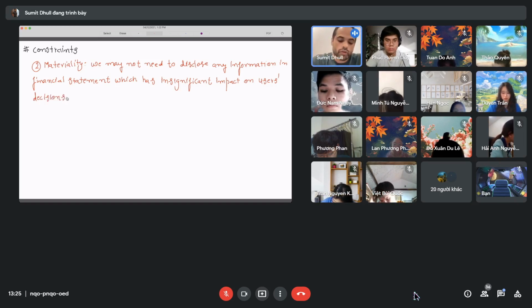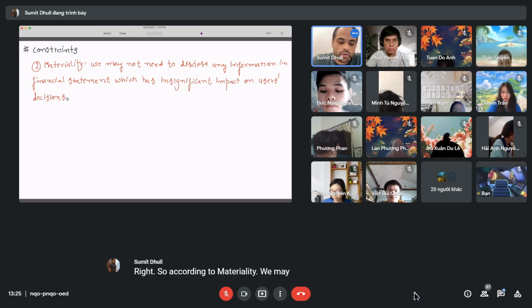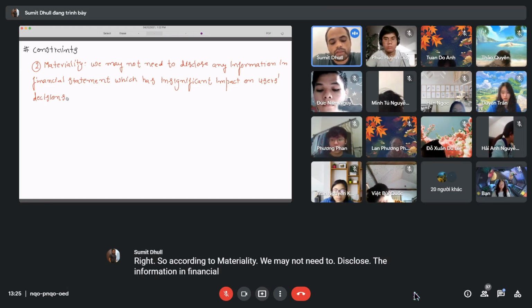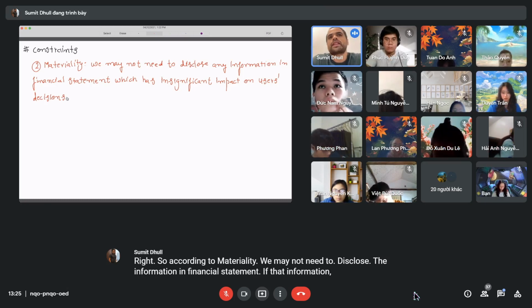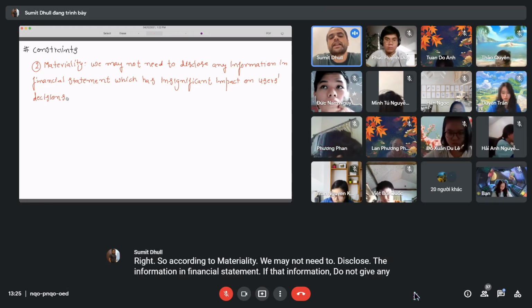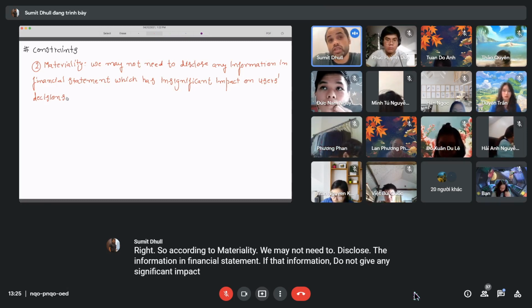According to materiality, we may not need to disclose the information in financial statement if that information does not give any significant impact on users' decision.